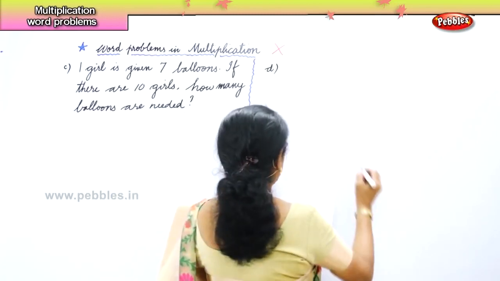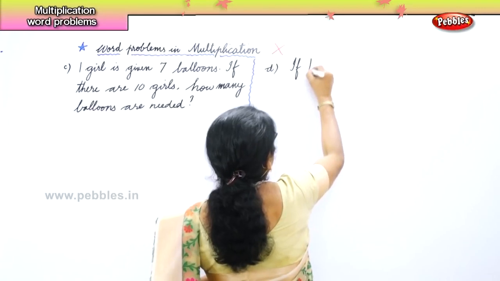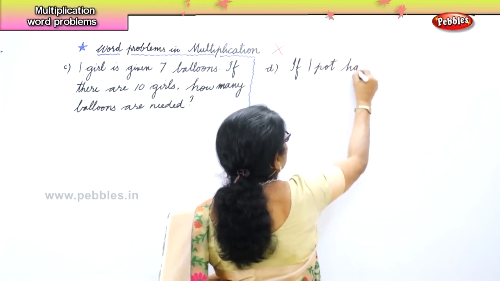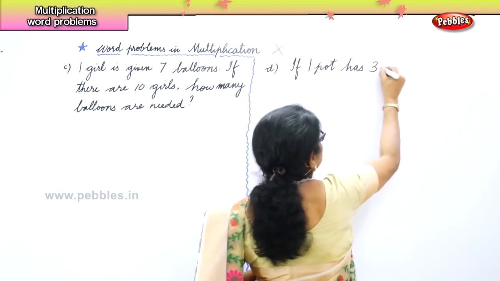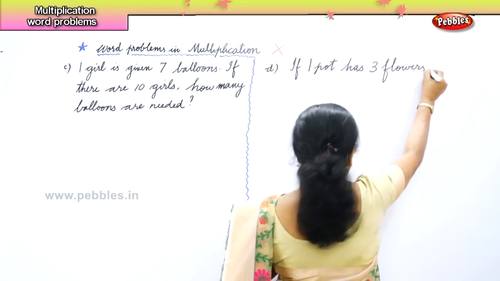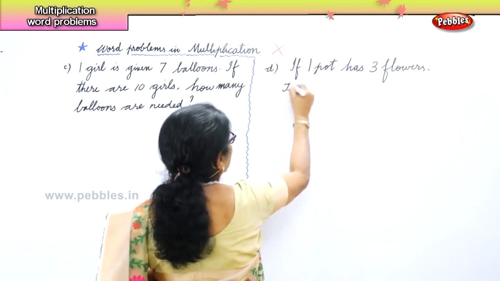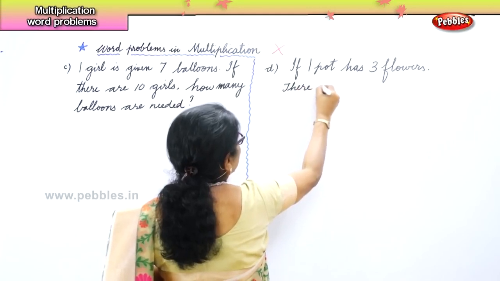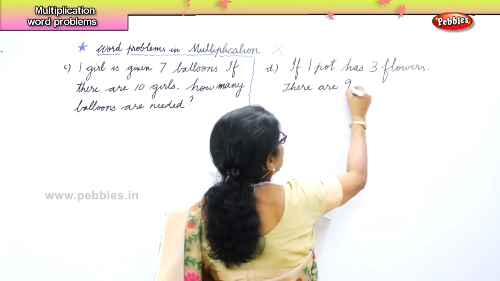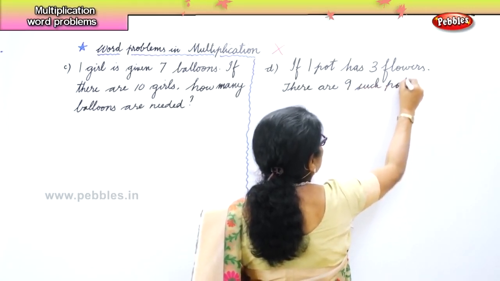One pot has 3 flowers. Class, there are 9 such pots.